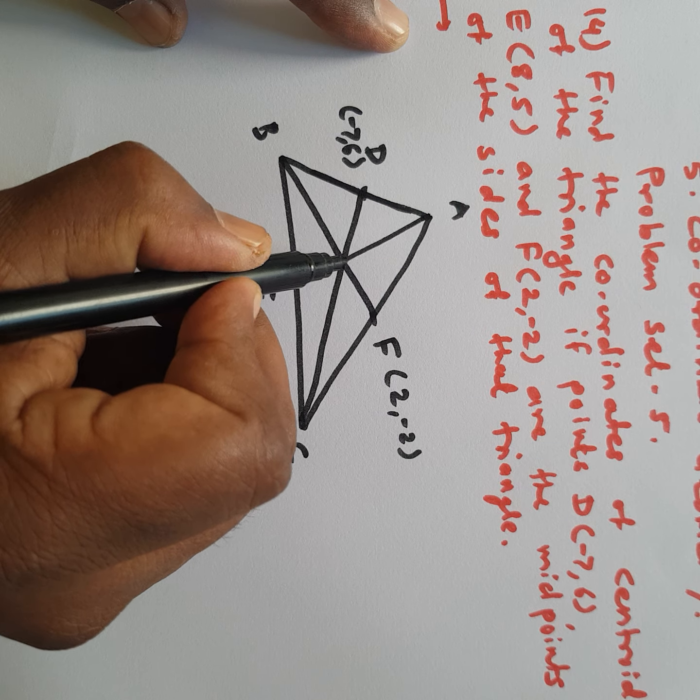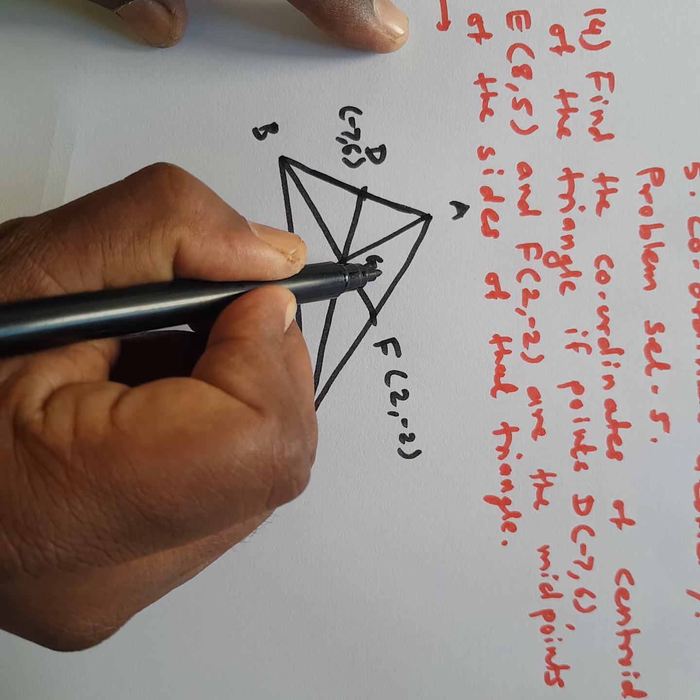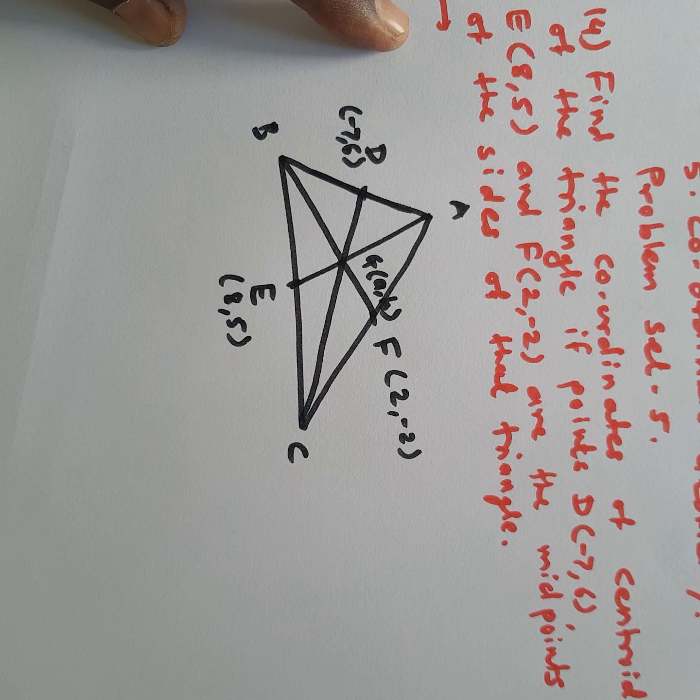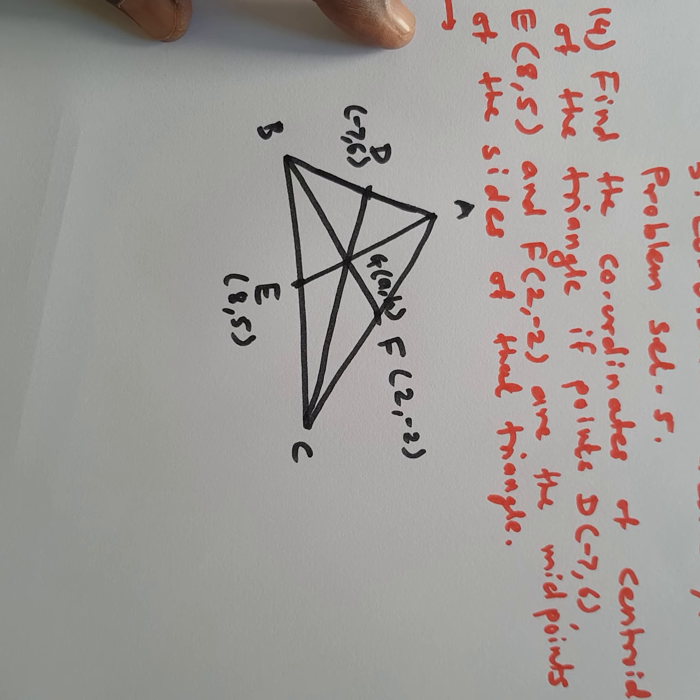Their intersecting point is G. Suppose its coordinates are (a, b). We have to find the values of a and b here.